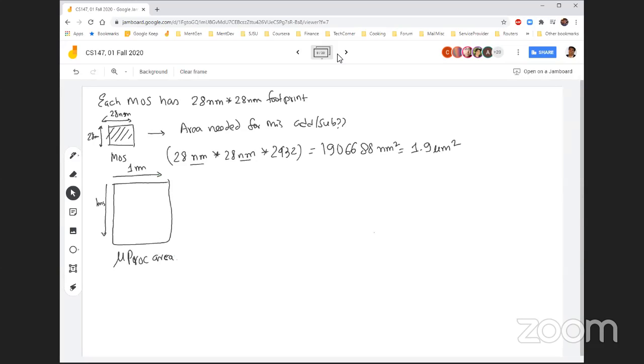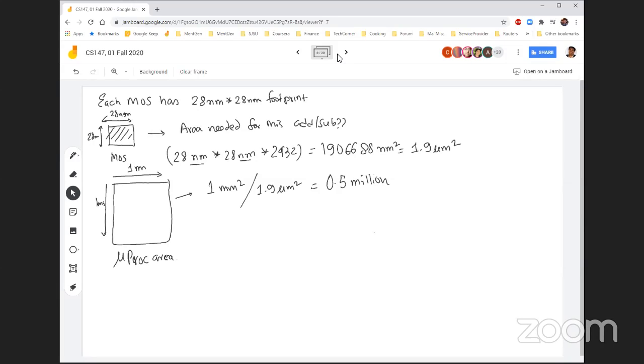This area is 1 millimeter square. If I divide it by 1.9 micrometer square, it comes down to about 500,000. So within a 1 millimeter by 1 millimeter area, you can pack about 500,000 adder-subtractor circuits.